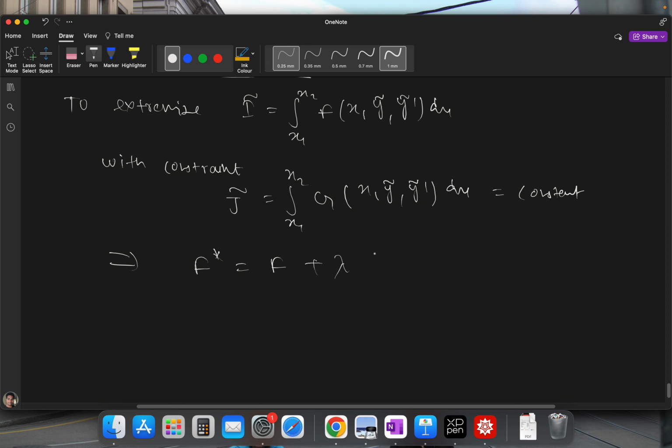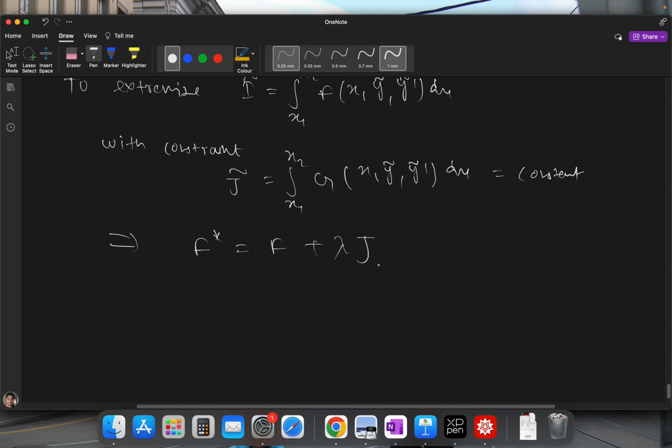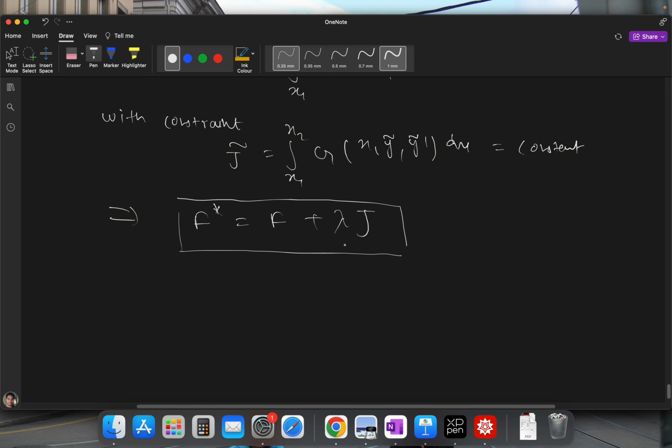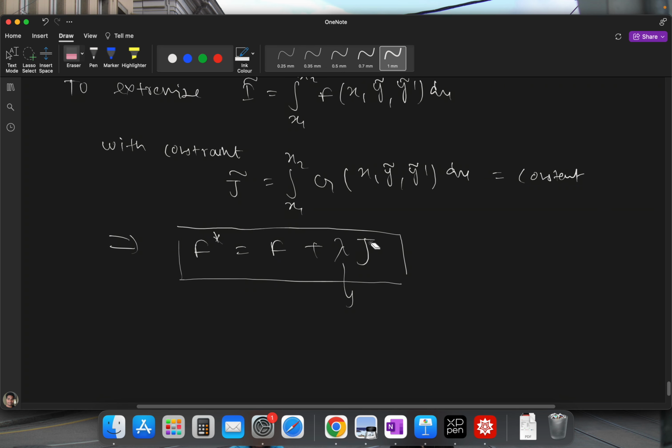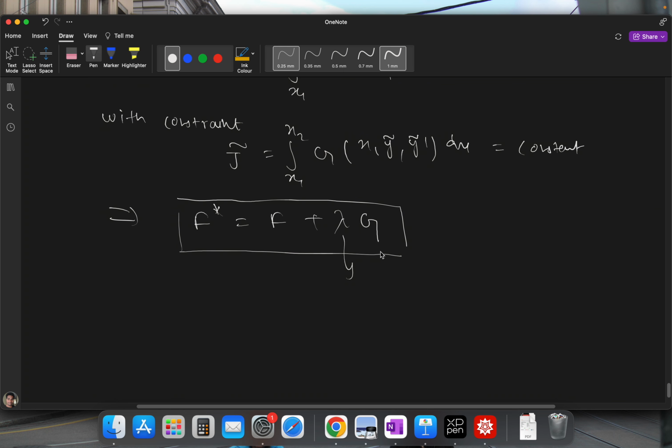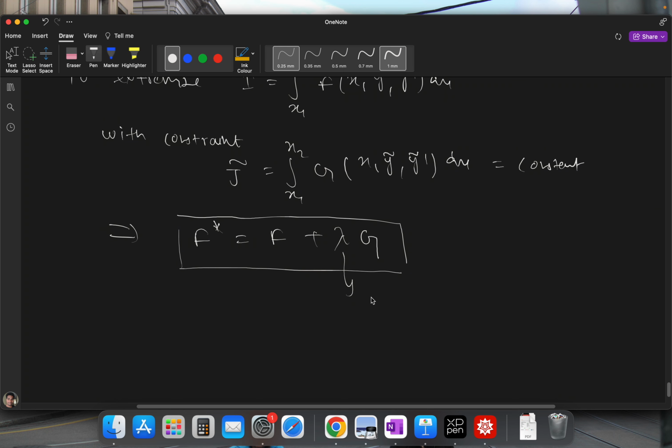We have to do nothing, just change f to f star, where f star equals f plus lambda g. So we have to consider the integration part. It is g, not j, and here lambda is called the Lagrange multiplier.